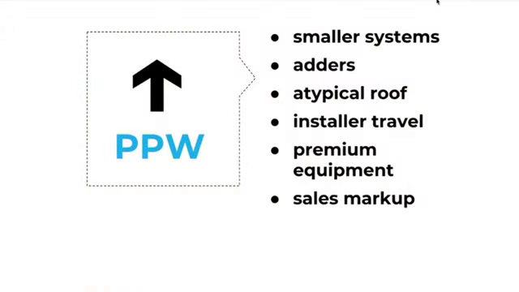Installer travel. Hopefully, you're finding local installers, and that's what we always try to do. But you might live out in the boonies, and it's a travel for anybody. You might have a higher price per watt than somebody in the city or somebody closer to that installer. And it's not just geographical, permitting can change, and so sometimes the cost to permit a system, we see it in New York City a lot.